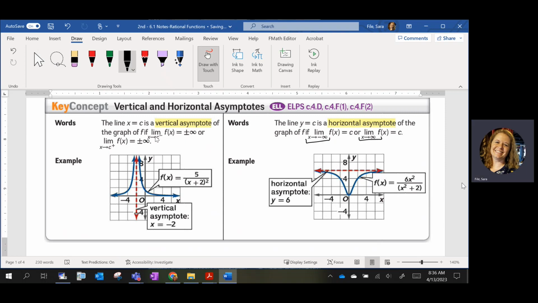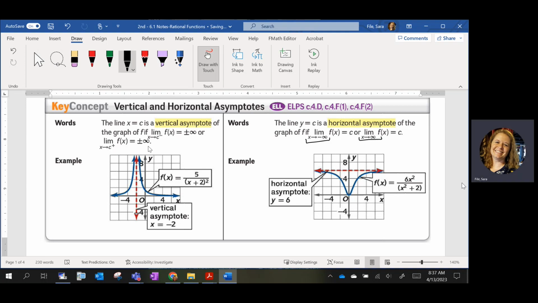Now here, we'll get into this a little bit later, but your vertical asymptote isn't affecting the end behavior, but it is affecting the behavior of the graph as the graph approaches that asymptote. So you may remember last semester when we were talking about limits and continuity, we did this. We said as x approaches a specific number, and then we did the little minus was from the left, or the little plus was from the right.